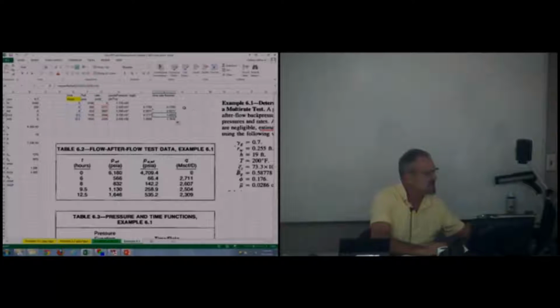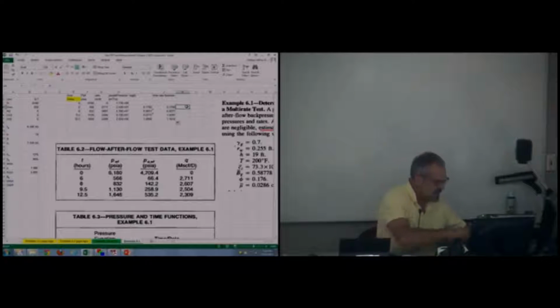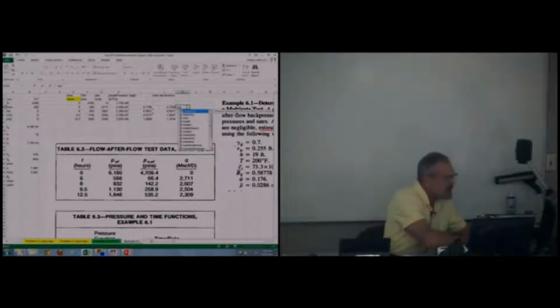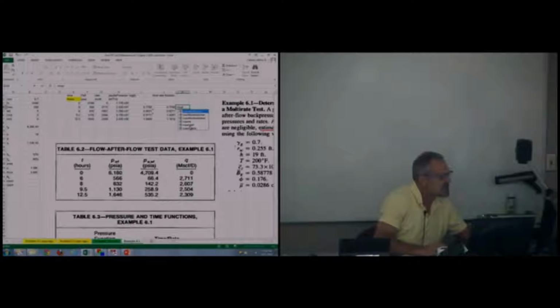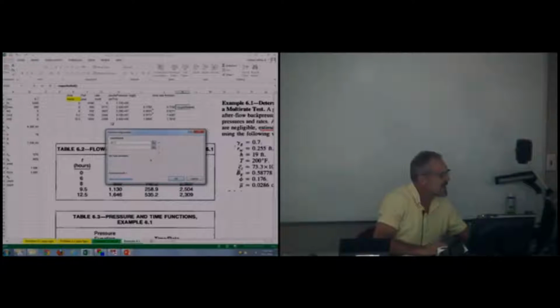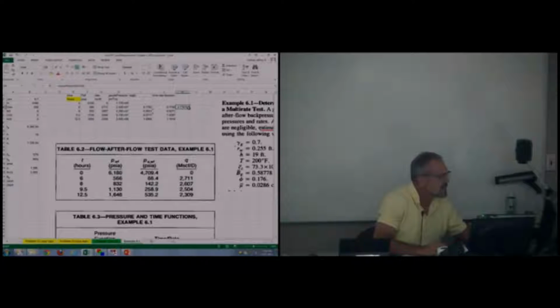If I would have done this manually, I would have had to do it one at a time because it would all have a different array. I would have said, the only thing I have is this time and this rate. I'm going to get that number.